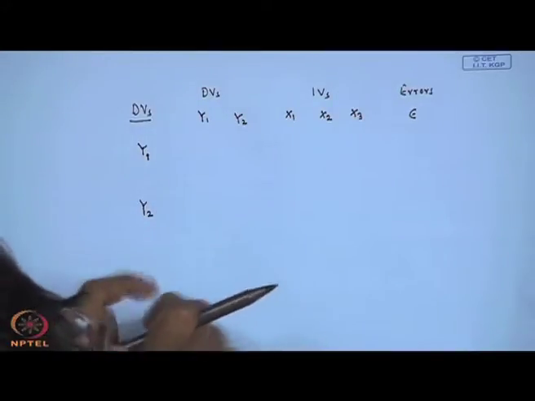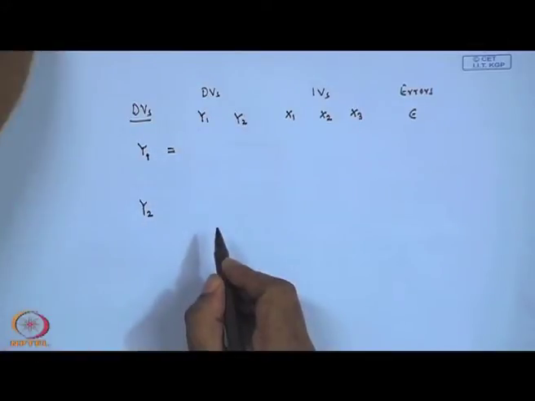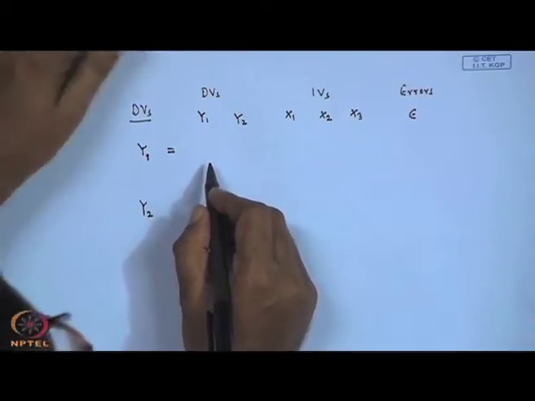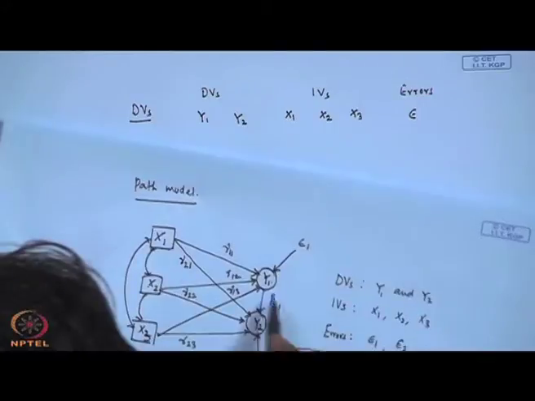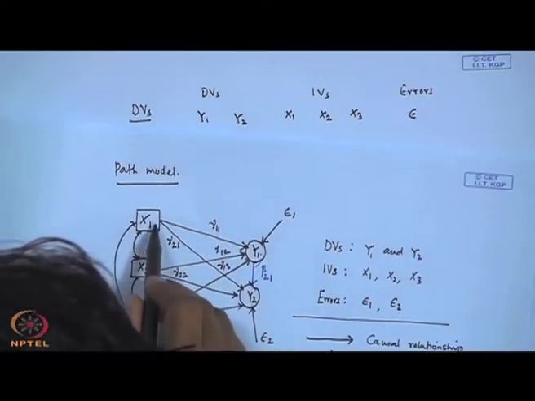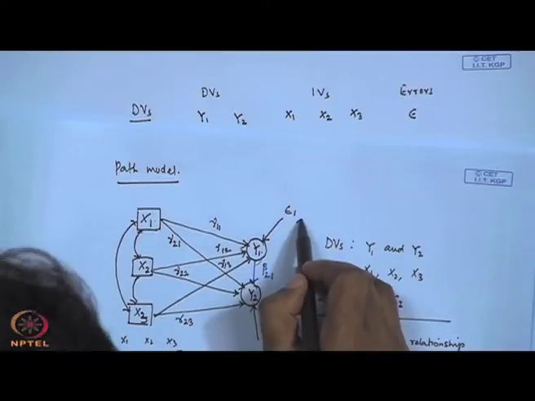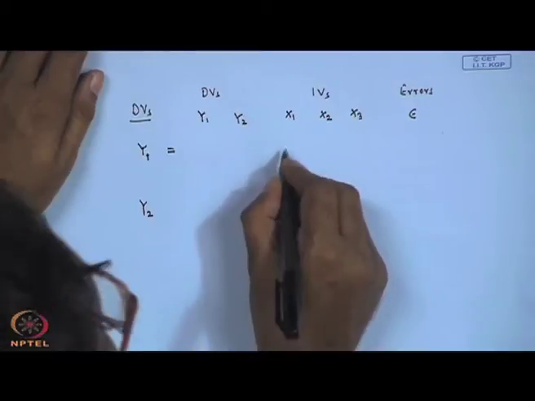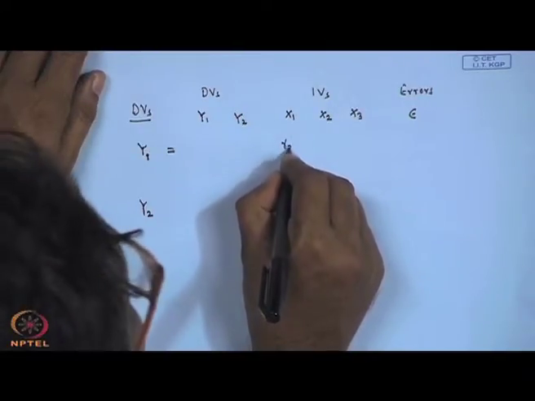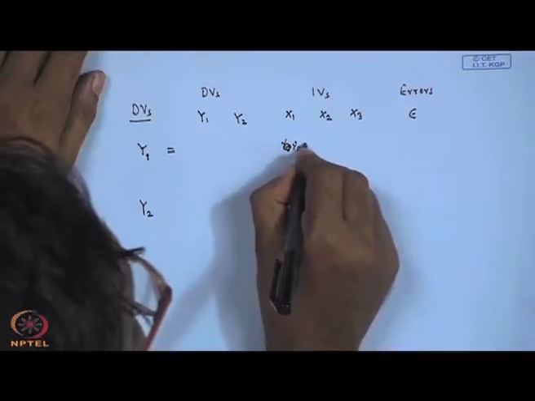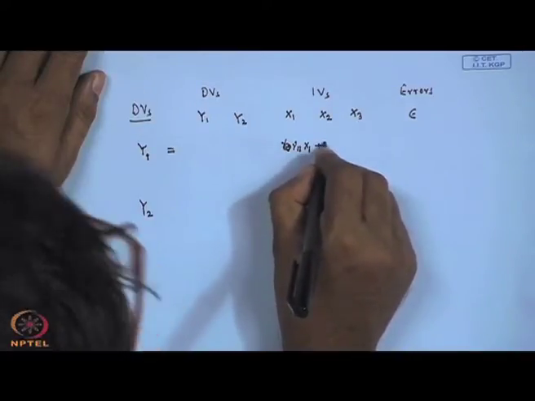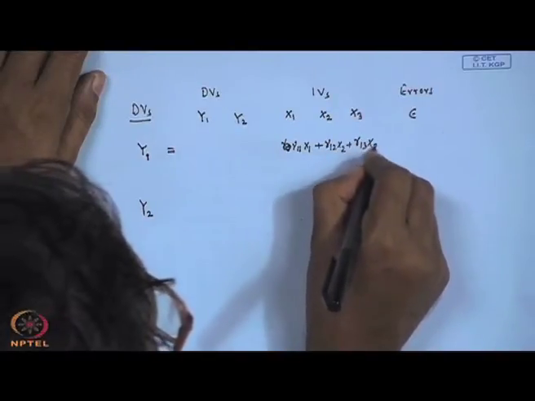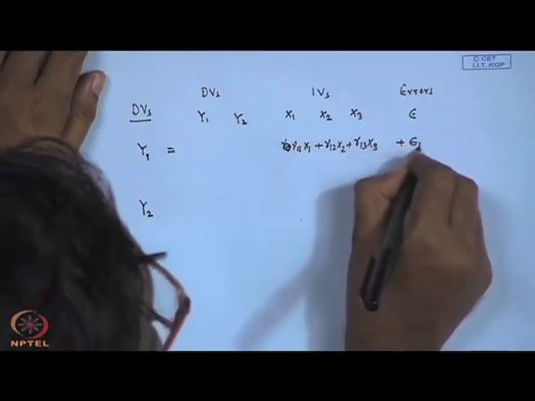So, the equations will be like this. y1 is not dependent on y1 again. Similarly, y1 is dependent on x1, x2 and x3 and this error term, not y2. So, nothing will be written for y2 here. It will be straight away gamma 1 1 x1 plus gamma 1 2 x2 plus gamma 1 3 x3 plus epsilon 1.